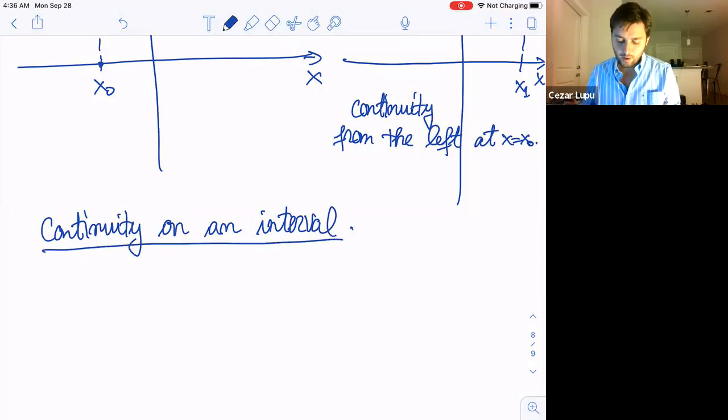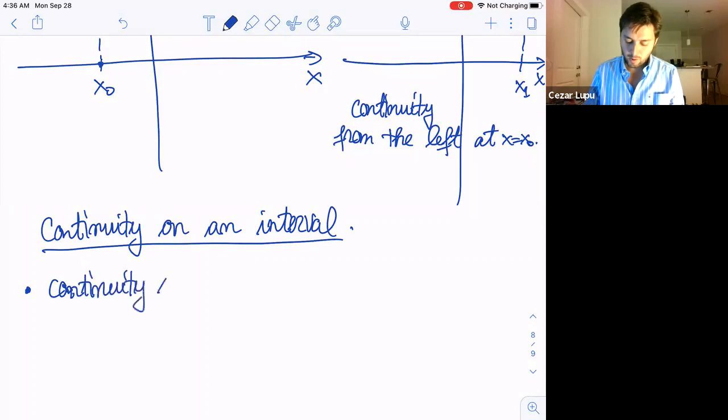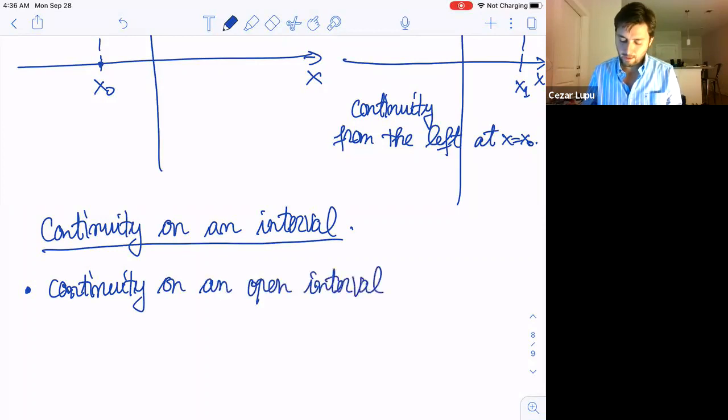All right. First thing, continuity on an open interval AB, let's say.